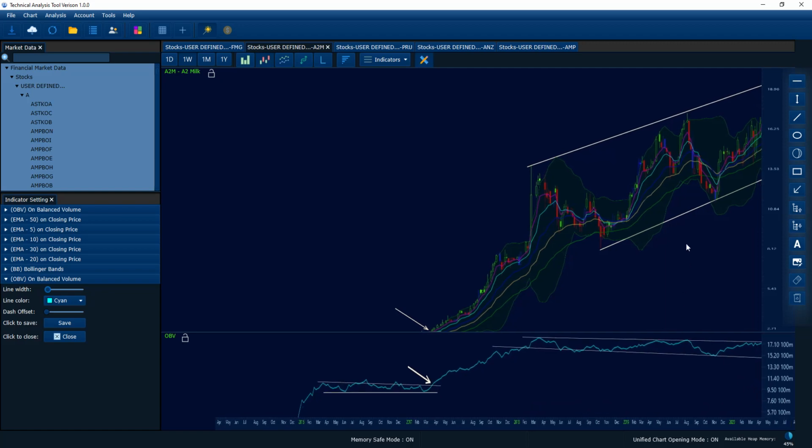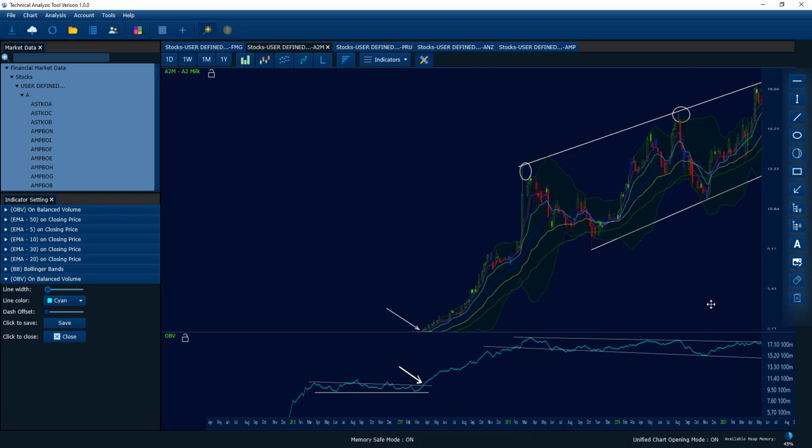What we call divergence is when the price is creating a higher high, and the indicator OBV is not creating the higher high, it's slightly lower, see? And here, as you can see, this is a very clear second-time divergence.